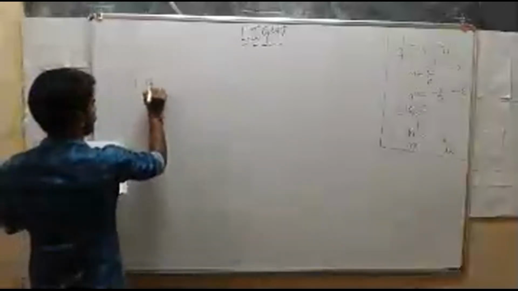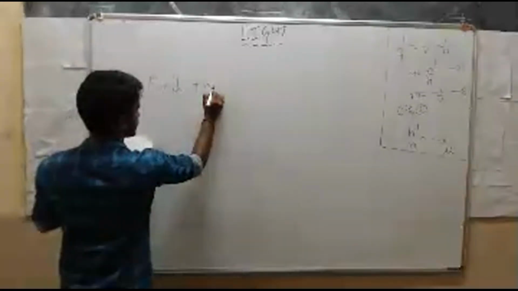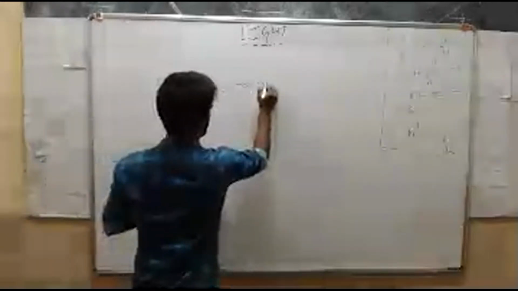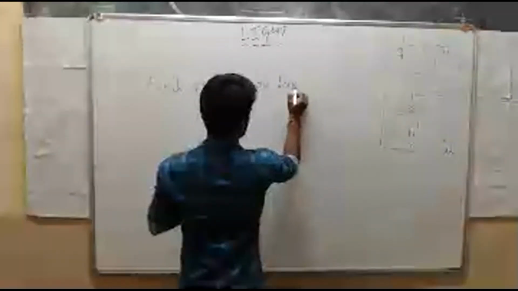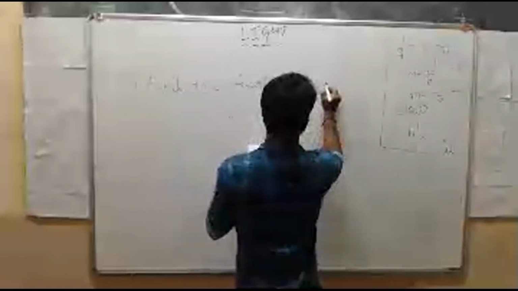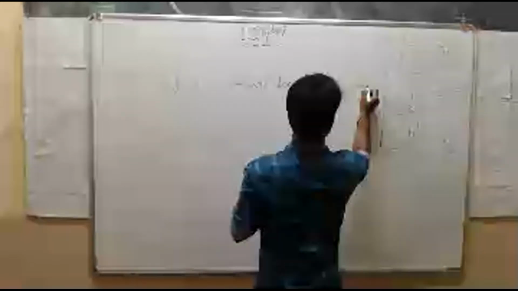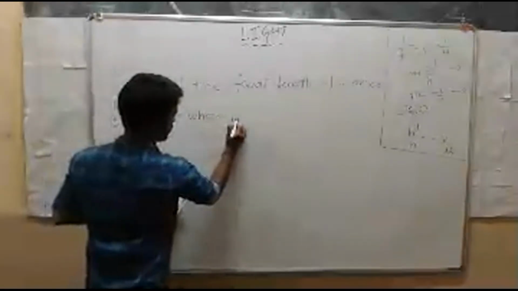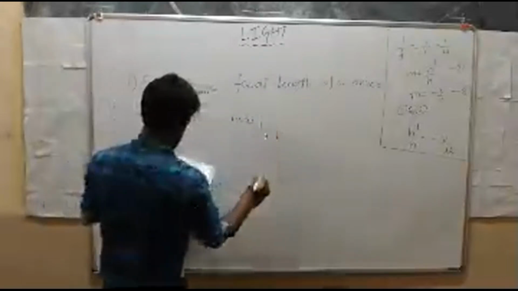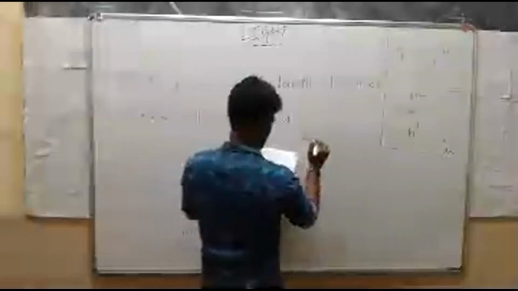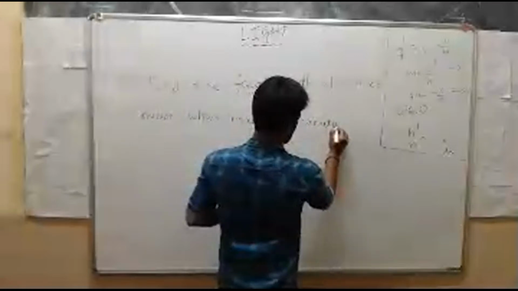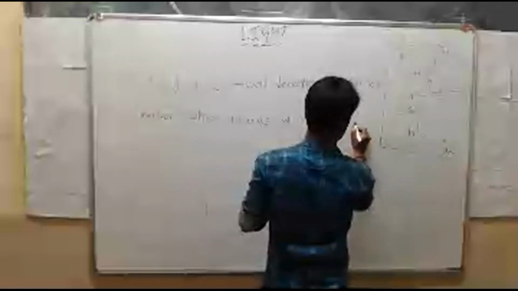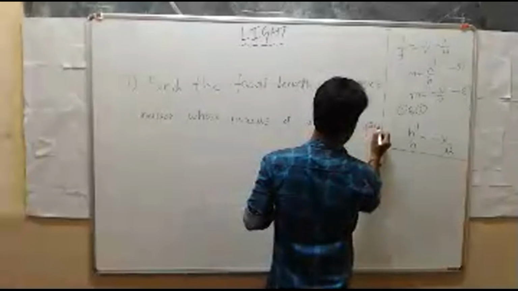So first I'll write a simple problem. Find the focal length of a convex mirror whose radius of curvature is 32 centimeter.